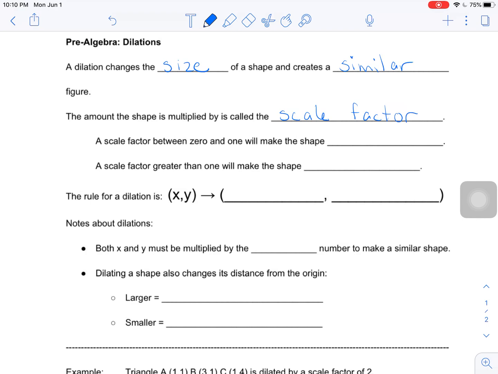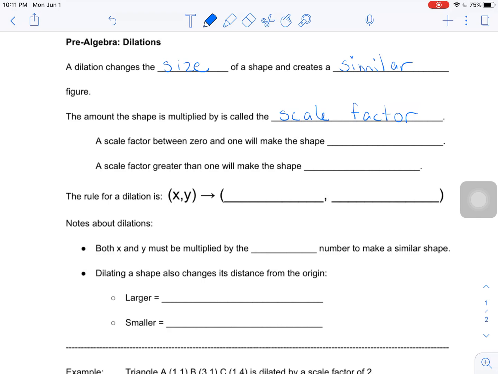You were also asked a couple of questions in your dilations intro that most of you picked up on by observing your shapes. Most of you noticed that if the number you're multiplying by is between 0 and 1, and we don't want it to go negative, because if it goes negative, then it's also going to reflect the shape, since making things negative is part of our reflection rule.